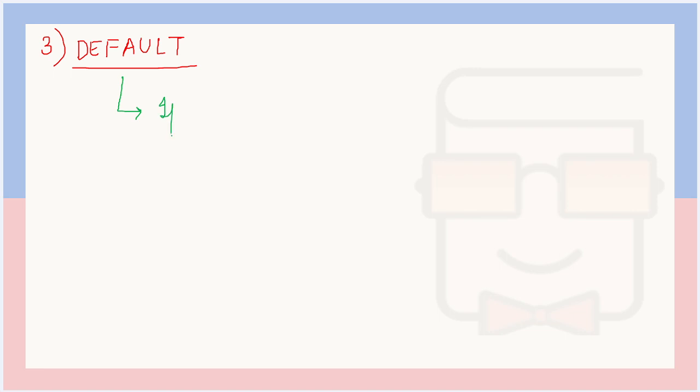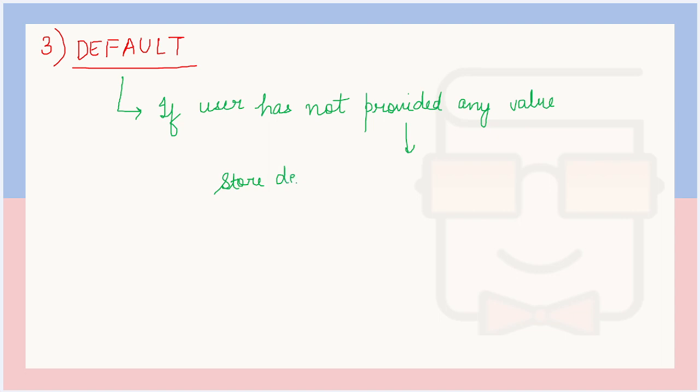So if the user has not provided any value in the attribute for that particular table of the database, then in that scenario the default value that is specified will be stored in that particular attribute. So if the user has not specified any value, then store the default value. The default value is the value that is provided by the database administrator while creating the database relations.